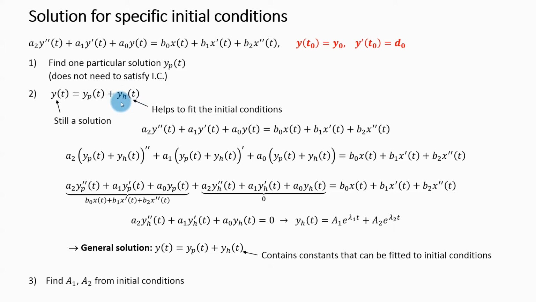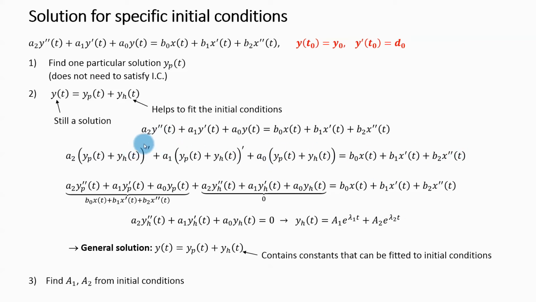But how do you find this something? Well, let's see what we can add to our particular solution so that the result is still a solution of my differential equation. To see this, I'll take my differential equation and I'll substitute this for y of t. This is what I get.